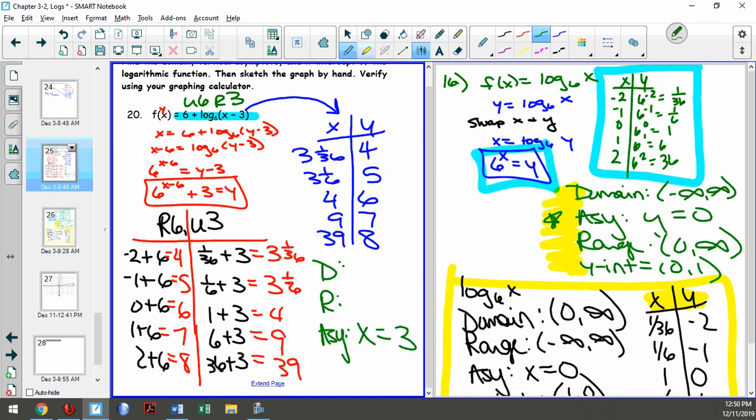Correct? Because my horizontal shift changes my asymptote for my logarithm. Whenever I shift up and down for my exponential, that changes my asymptote. So this is going to be 3 to infinity, and this is going to be negative infinity to infinity.